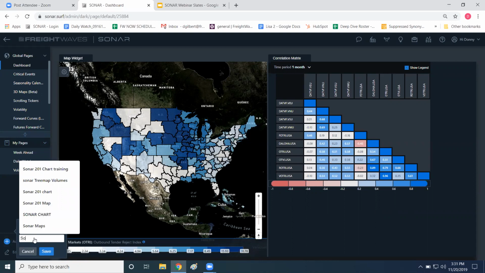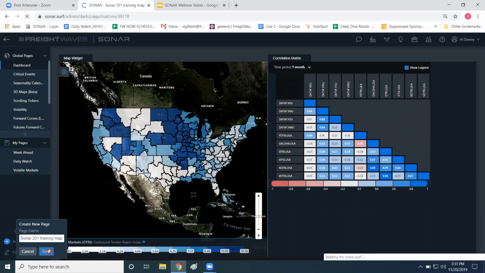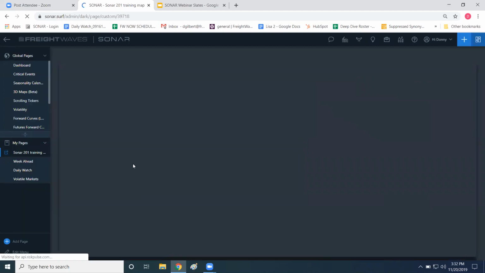I'm going to put Sonar 201 Training. And I'll go ahead and select here where I've got map, and I'll save it. And when this page pops up, it's going to be blank.